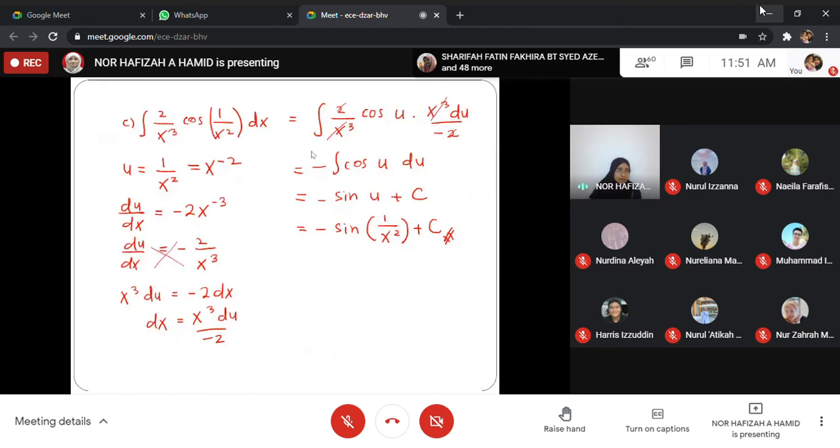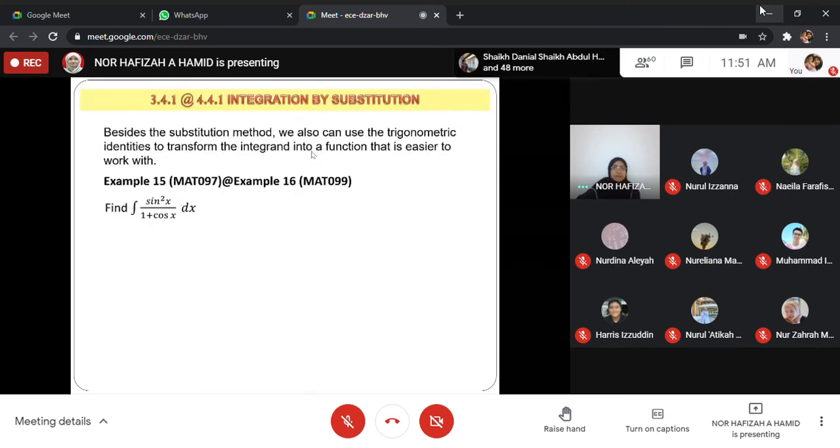Okay, so this one is for example 14. Okay, next we have, so besides the substitution method, we can also use the trigonometric identities to transform the integral into a function that is easier to work with.